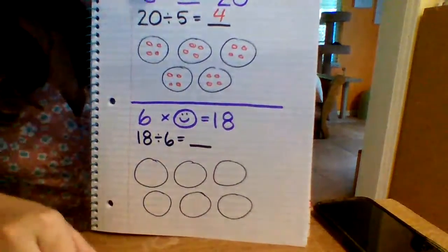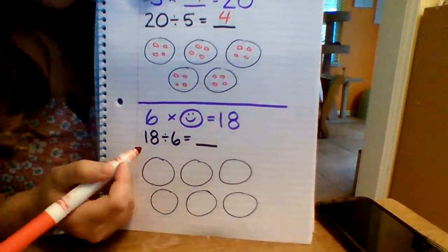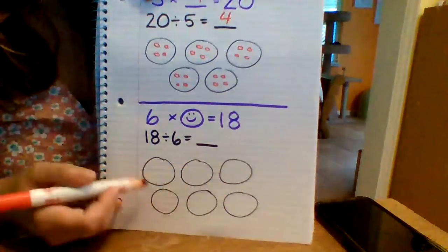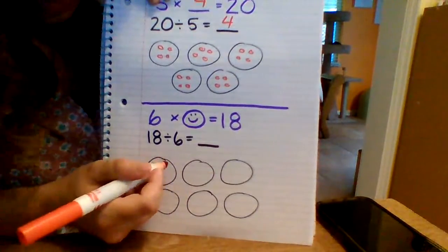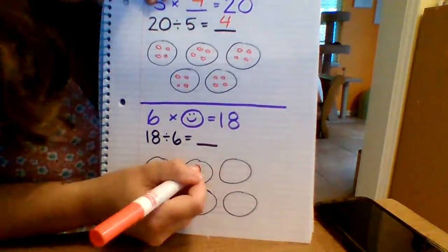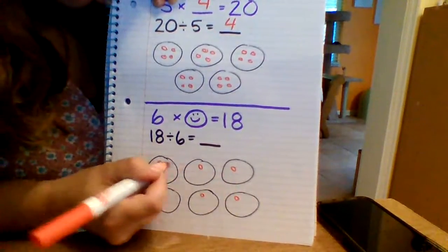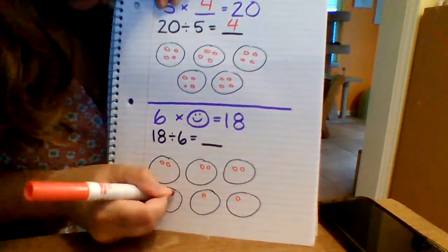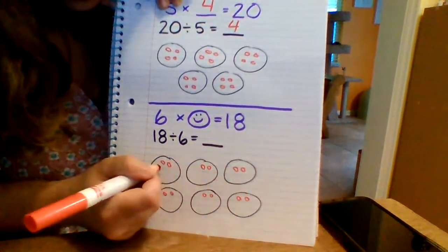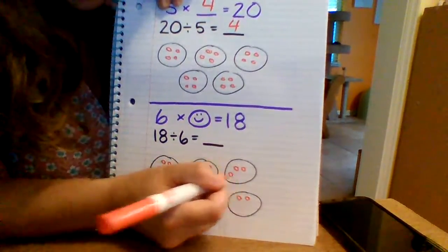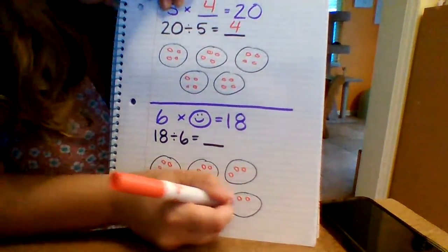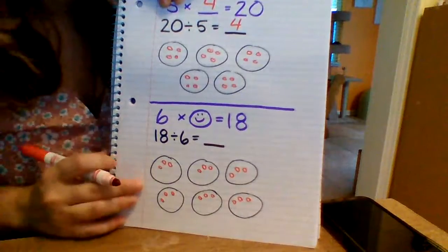Or we can use division, right? So we have 18 counters divided by 6 groups, and I've already drawn my 6 groups. So I'm going to go ahead. 1, 2, 3, 4, 5, 6, 7, 8, 9, 10, 11, 12, 13, 14, 15, 16, 17, 18, and that's it.